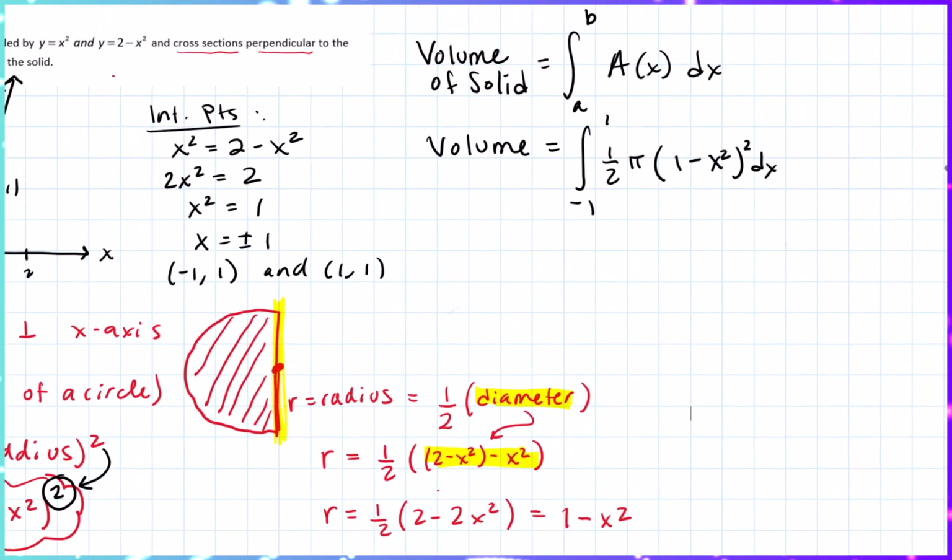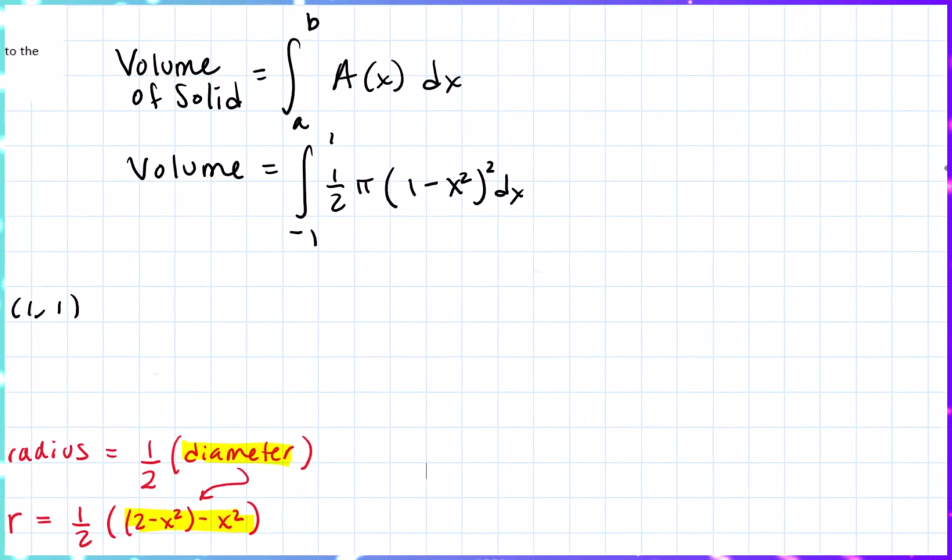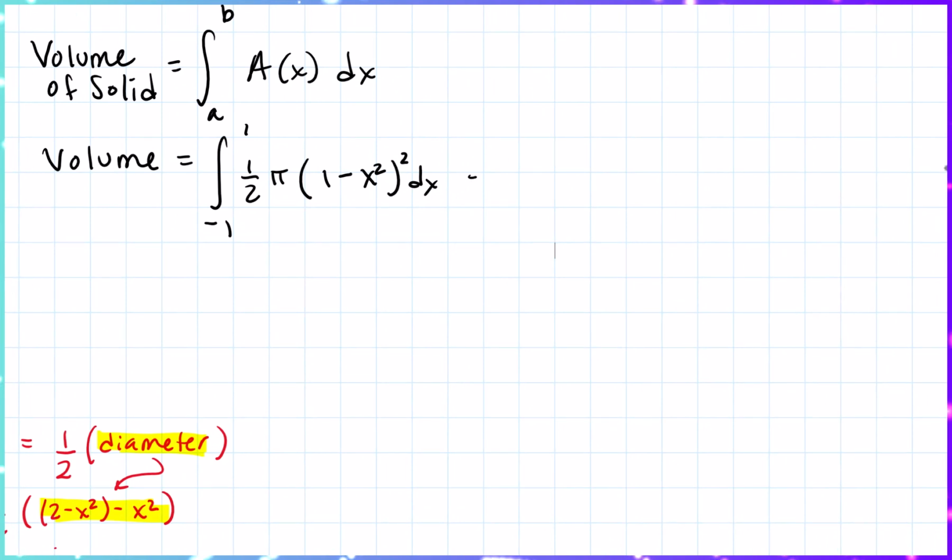So let's go ahead, let's expand out. Let's zoom in here. Let's expand out our square. We're squaring a binomial there. So this is going to be, I'm going to go ahead and write that. I'm going to pull that pi over 2 to the front. So this is pi over 2 in the front, -1 to 1. This becomes 1 minus 2x squared plus x to the 4th when I square that binomial.